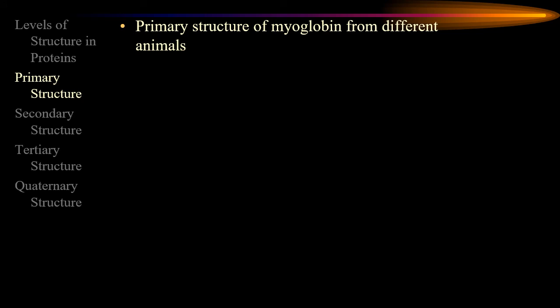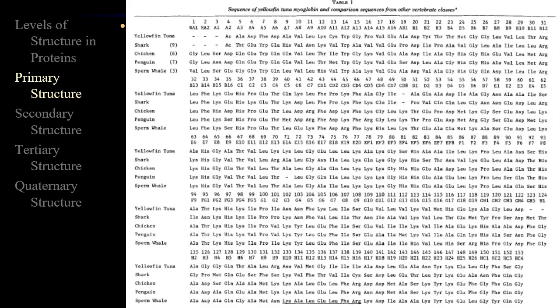So once again, I bring back the primary structure of myoglobin from different animals just for us to appreciate. Let's see, can I find the histidine F8? So here, in all species, the F8 position will always be a histidine.